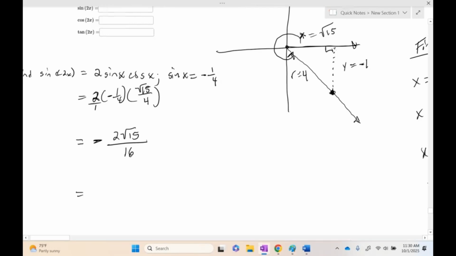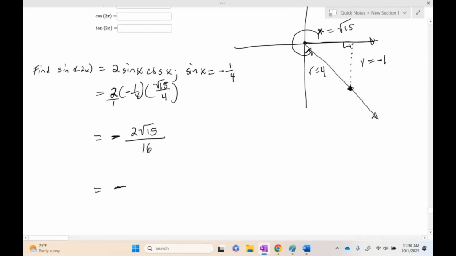So now if I reduce, my number is still negative. What's going to happen to the 2 over 16? Well, I can reduce both of those by 2. 2 divided by 2 is 1, and then 16 divided by 2 is 8.